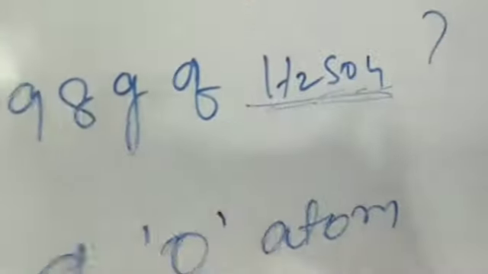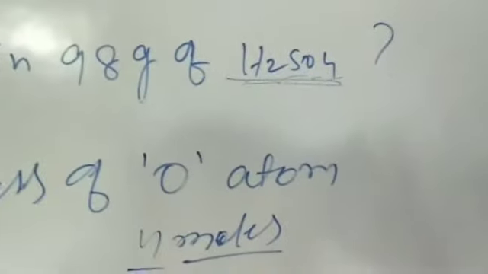Now next question. Actually, one molecule of sulfuric acid, that means 1 mole of sulfuric acid, contains 4 oxygen atoms. So how many moles of oxygen atoms are present in it? The answer is 4 moles, because it contains 4 oxygen atoms. So its answer is 4 moles. 4 moles of oxygen are present in 1 molecule of sulfuric acid.